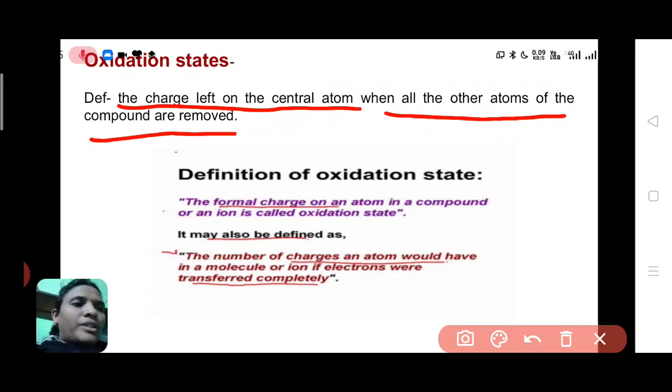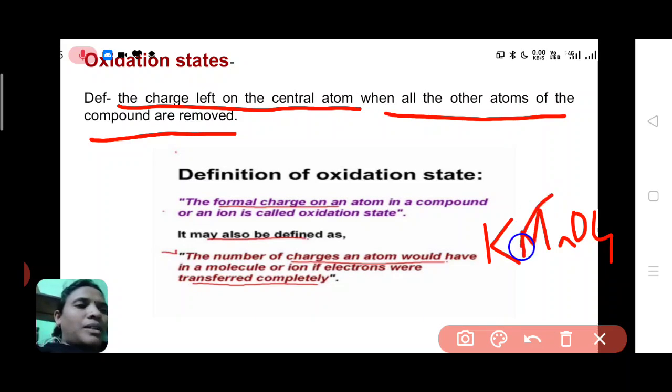What is a central atom? Consider a compound KMnO4. You know what KMnO4 is? It is potassium permanganate. In potassium permanganate, manganese is the central atom, so manganese has its oxidation state.